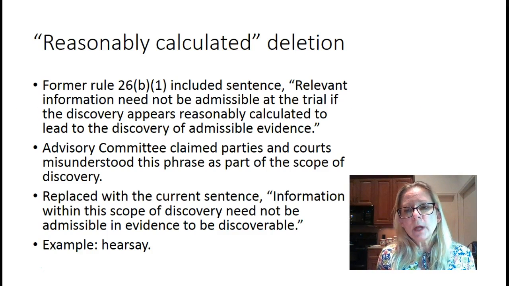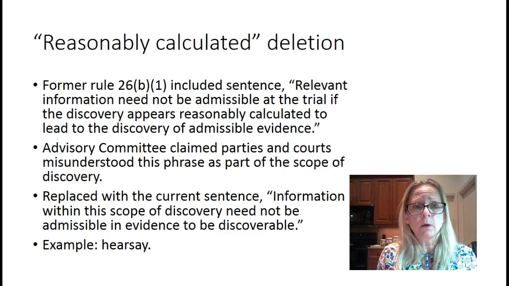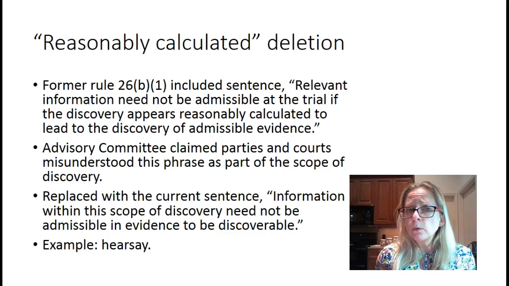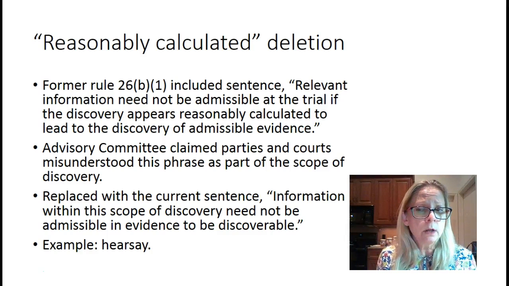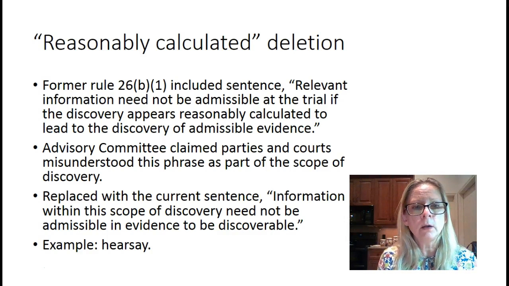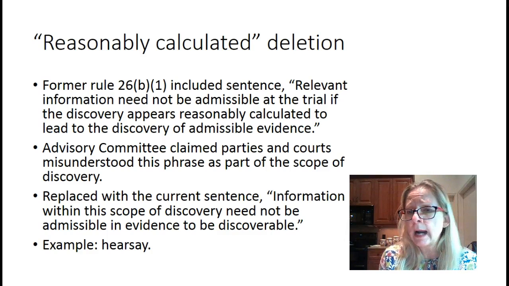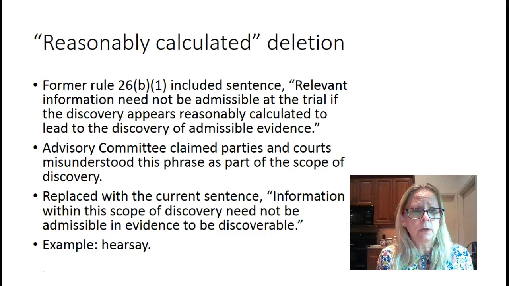Okay, so more about this reasonably calculated deletion from the current rule. The former Rule 26B1 that those of you that took civil procedure before this year may recall included the sentence, relevant information need not be admissible at the trial if the discovery appears reasonably calculated to lead to the discovery of admissible evidence. That sentence was in the rule when I was in law school 1,000 years ago.